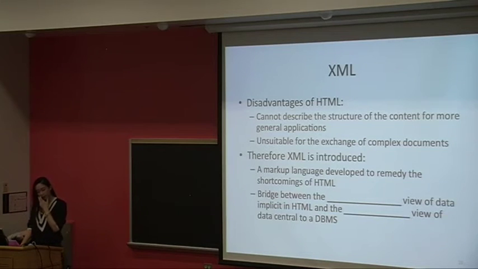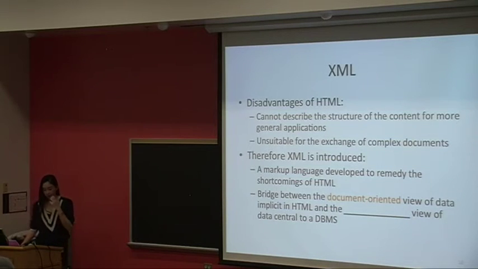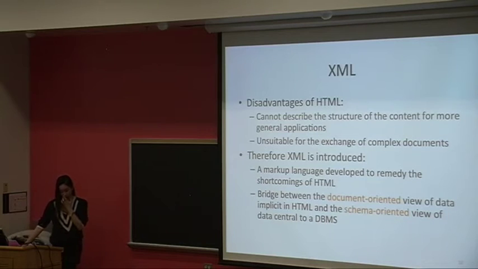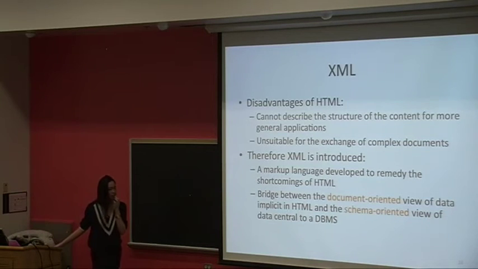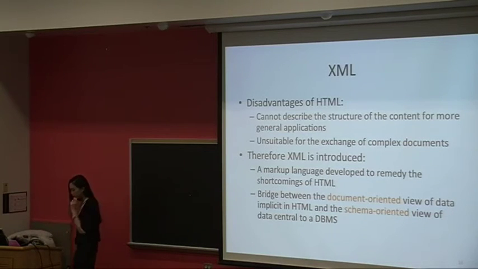It bridges the document-oriented view of data implicit in HTML and the schema-oriented view of data central to a database management system. Like we said before, in HTML all it cares about is how the document should look when it's being displayed.